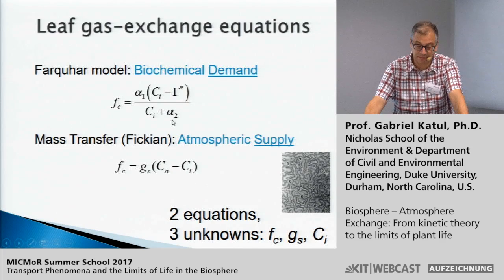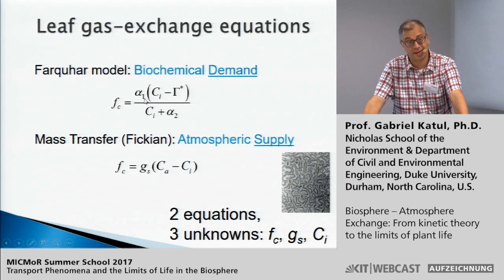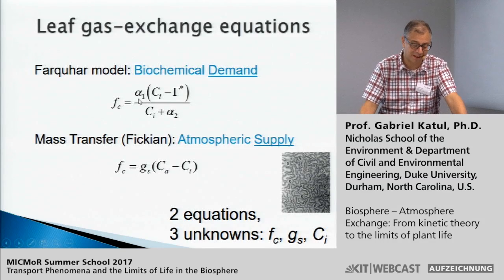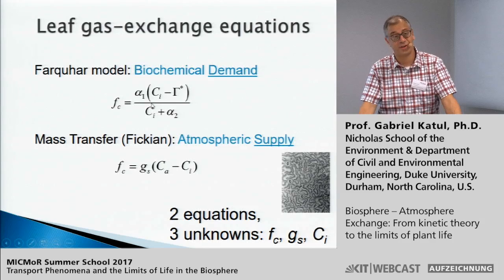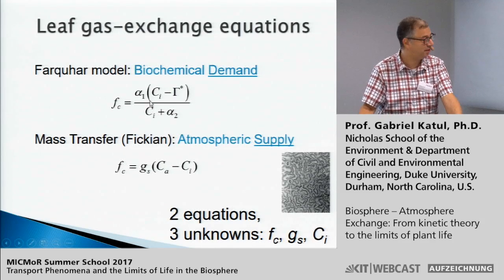The saturation function depends on two parameters, alpha 1 and alpha 2, and those are described by how photosynthesis is limited. It could be limited by enzymatic activity, or it could be limited by electron transport activity. But mathematically, alpha 1 and alpha 2 will vary in a very generic way with temperature and light, if you like, in more common terms.